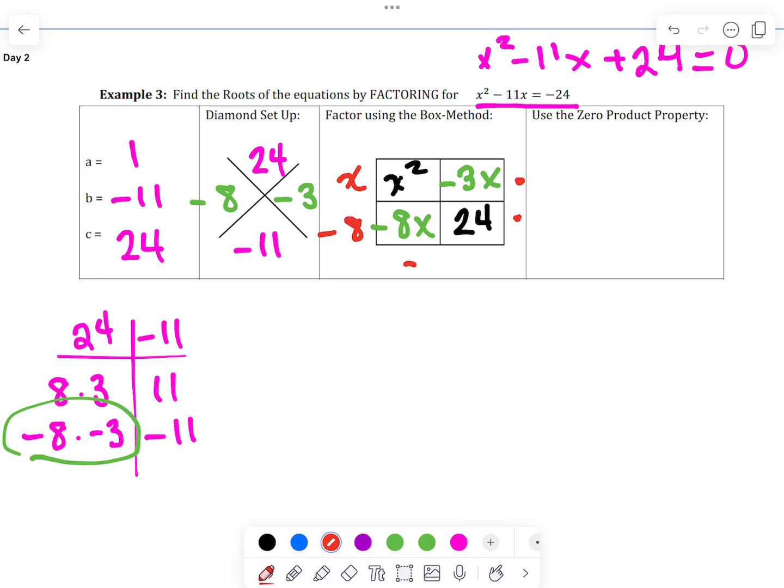Then I go to the first column, the GCF, x. Second column, I'm going to take out a -3. Now you do want to check, multiply your red terms together and see that you get the 4 terms inside the boxes. Now that you've done that, what's outside the boxes are your 2 binomials.